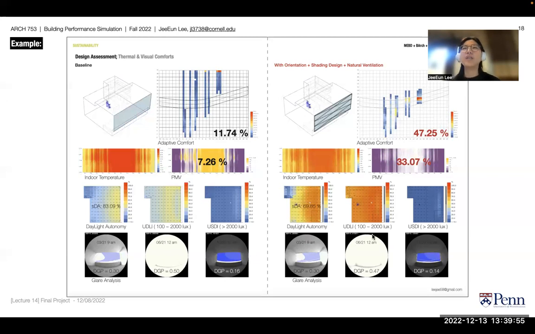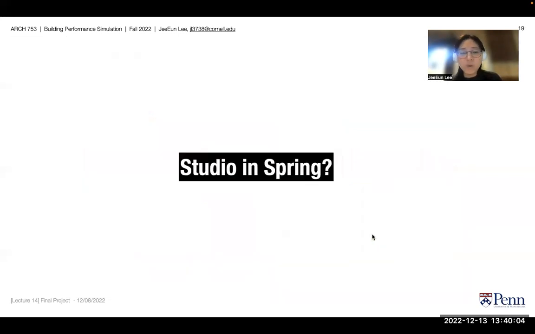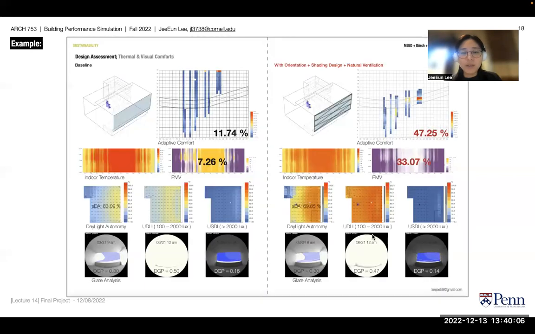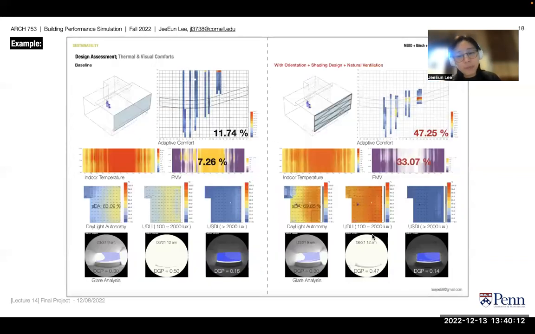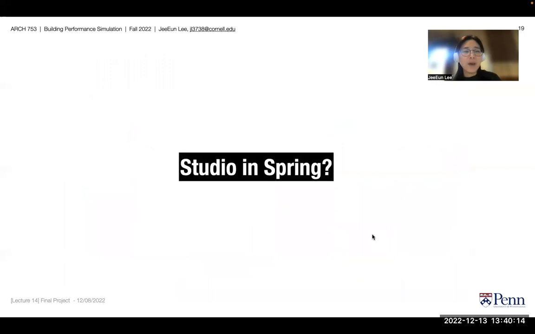You always need to visualize things in a proper way so that readers can understand what's going on. That was just a little example from my portfolio, four pages.